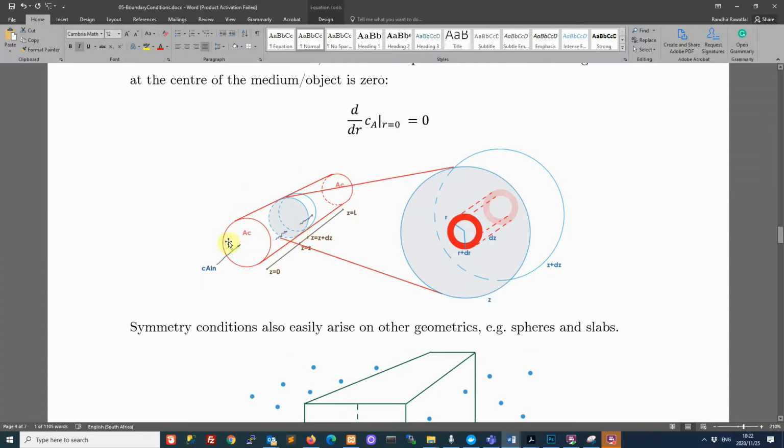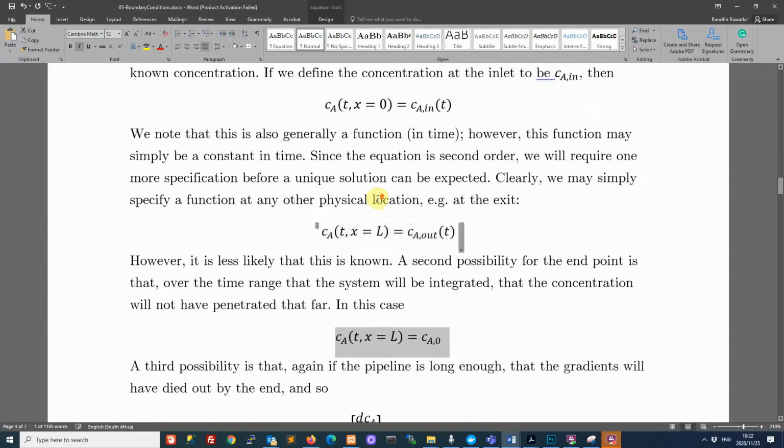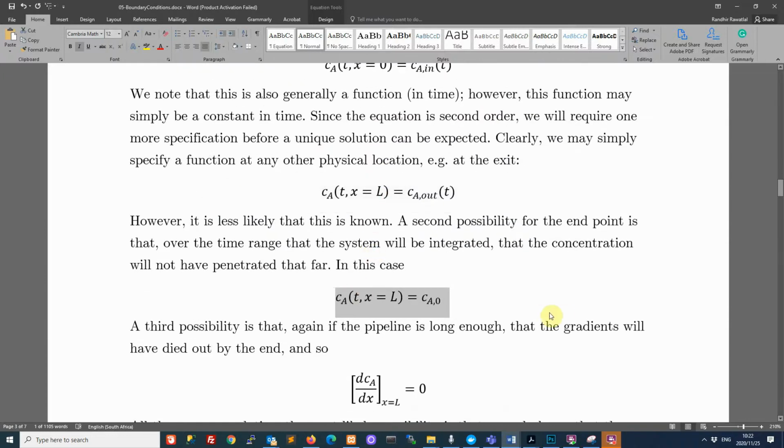Or you could say, I want to know what it is at steady state. So now let's say we are not talking about steady state. Let's say we've specified a certain time range. Then if we go and consider the diffusivity and the flow rate and things like that, we might conclude that not enough time will have passed to influence the end point.